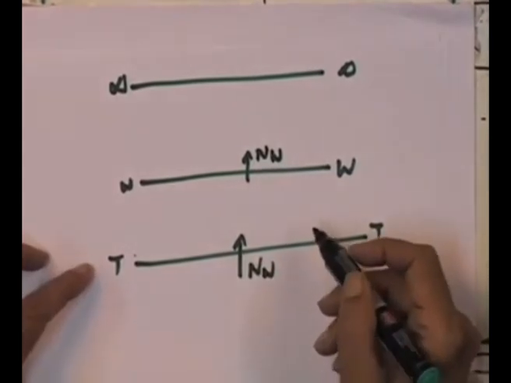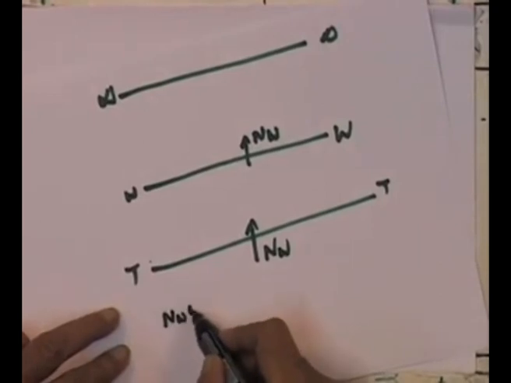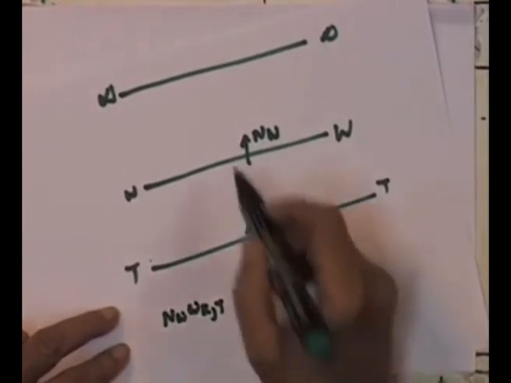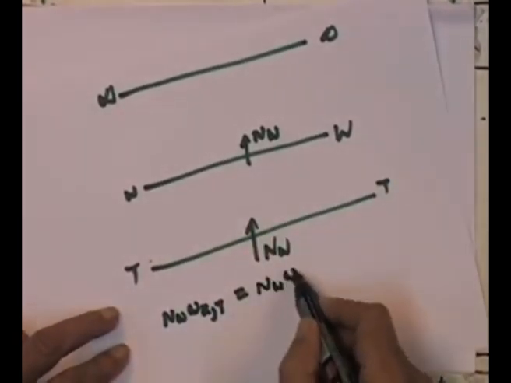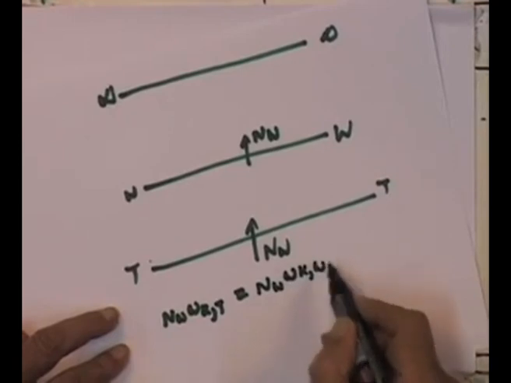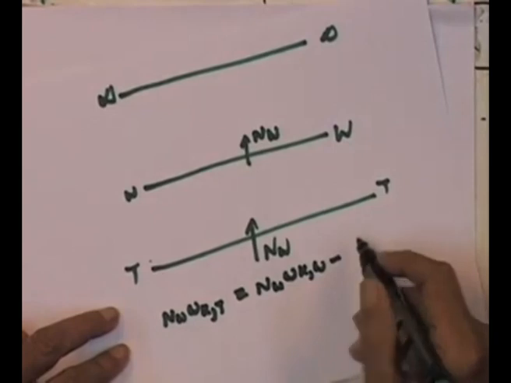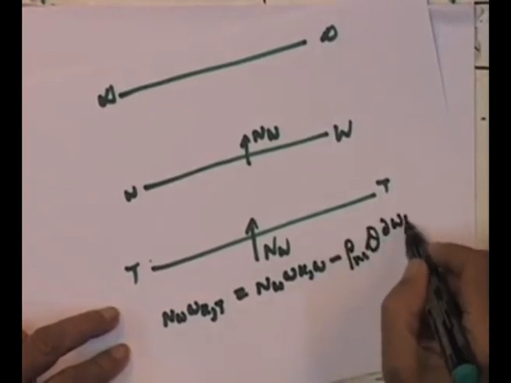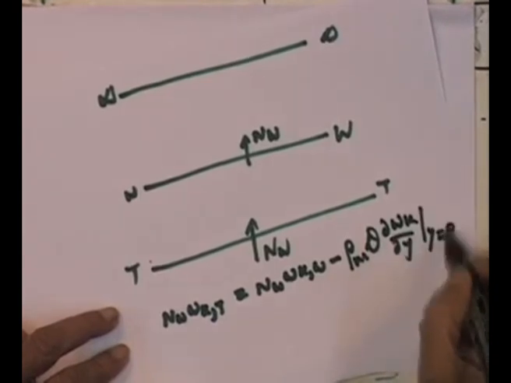Then you will see that the mass which is coming in here is N_W omega_k at T, and what is going out is N_W times omega_k at W, minus the diffusion mass transfer, which is rho_m diffusivity d omega_k by dy at y equal to 0.